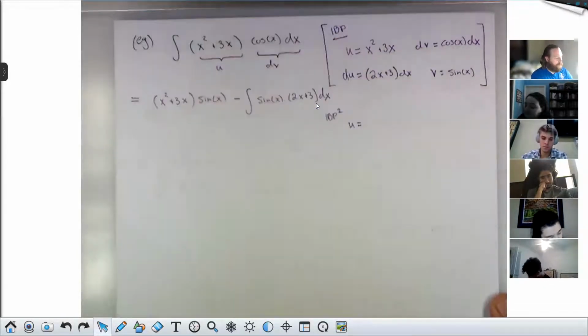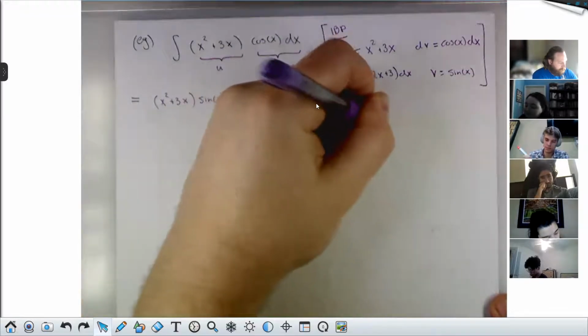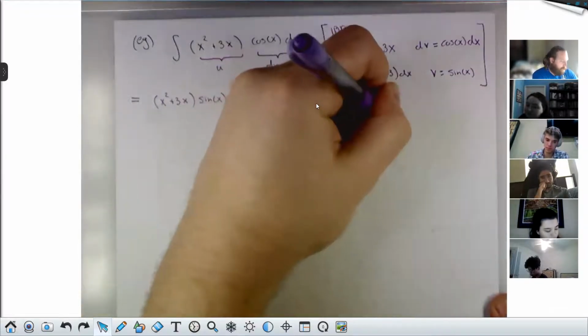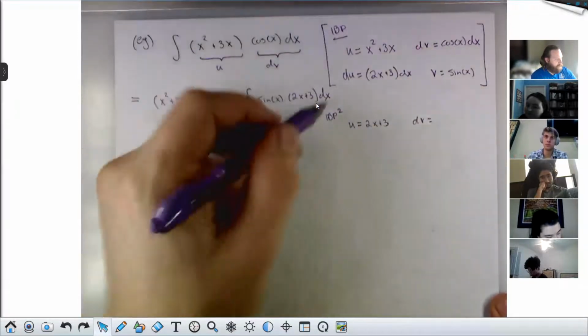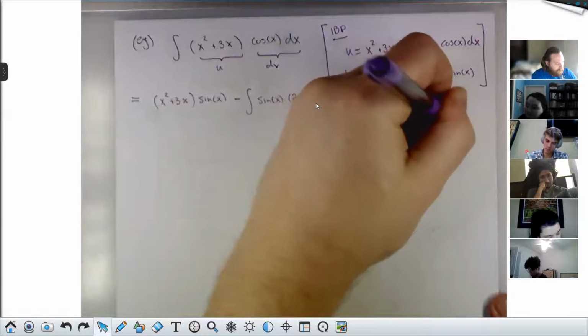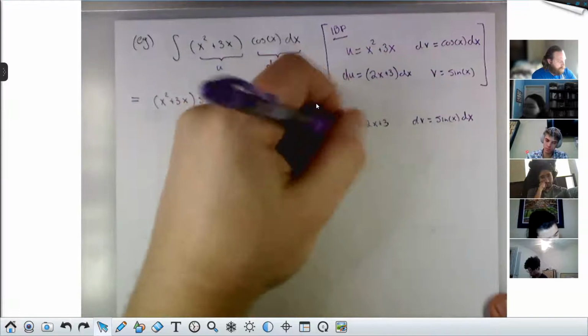And I will pick u and dv in the same fashion. u is going to be the polynomial piece, 2x plus 3 this time. And dv will be everything else, which is sine of x dx. And then I calculate du from u.